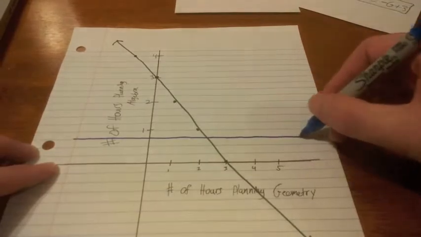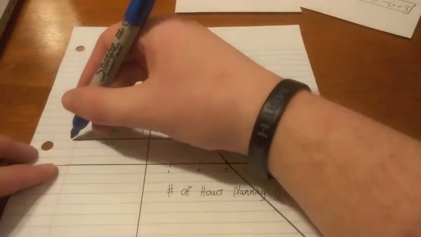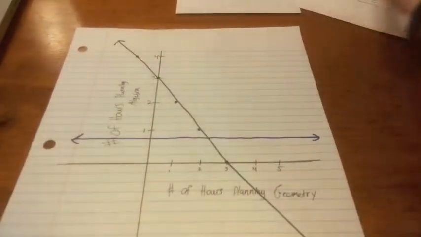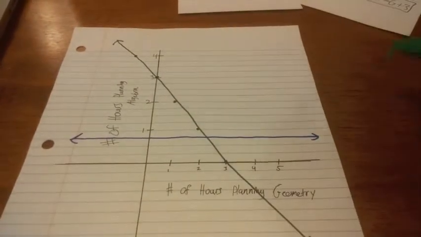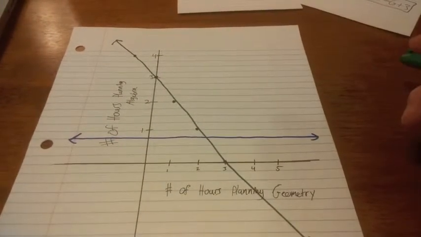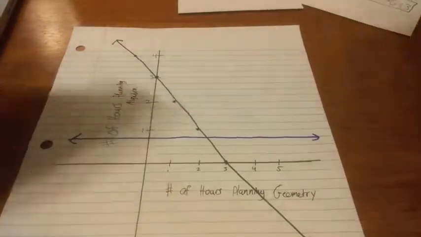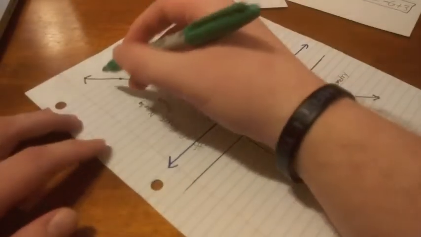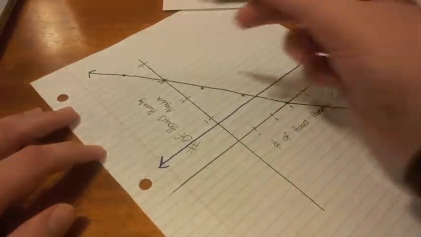Now, something I should have done beforehand, learned from my mistake, is shade. So when we have our original line, we need to shade below the line because it was a less than or equal to symbol. So I'm going to shade this line this way.